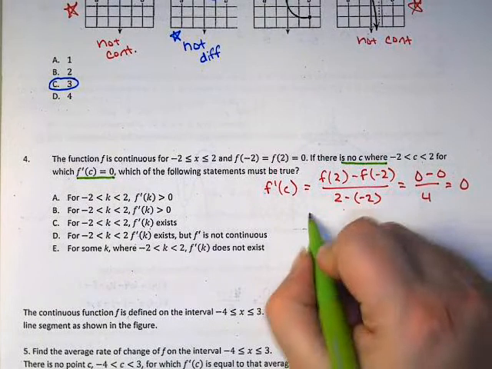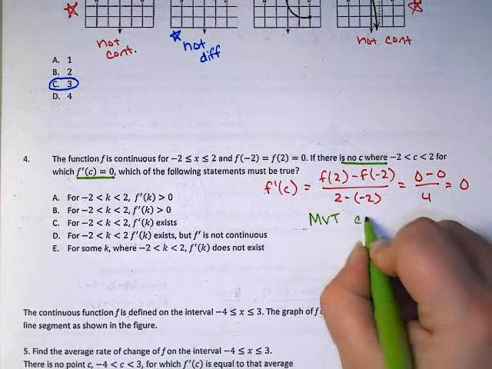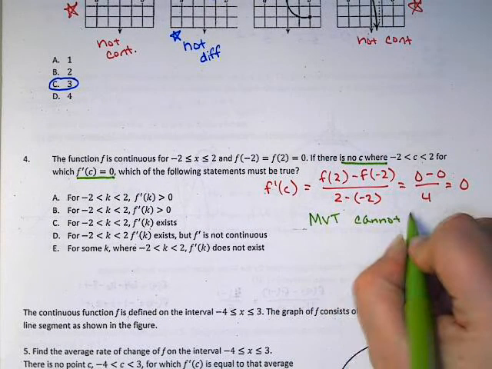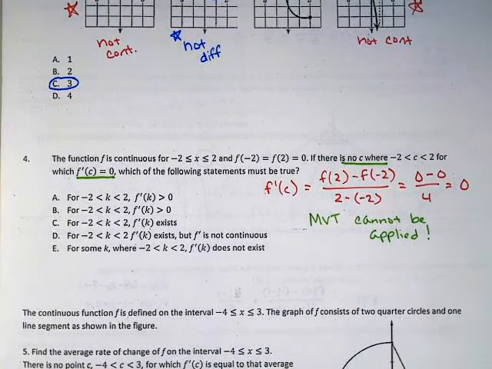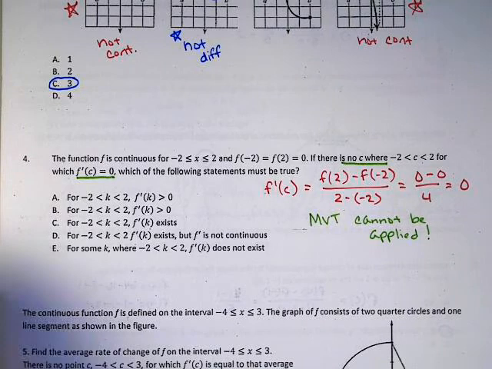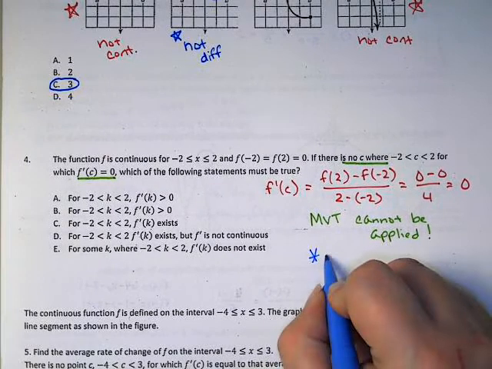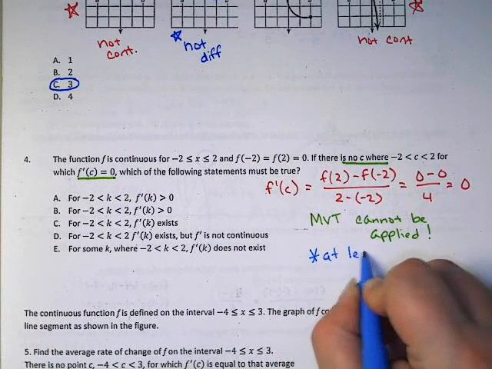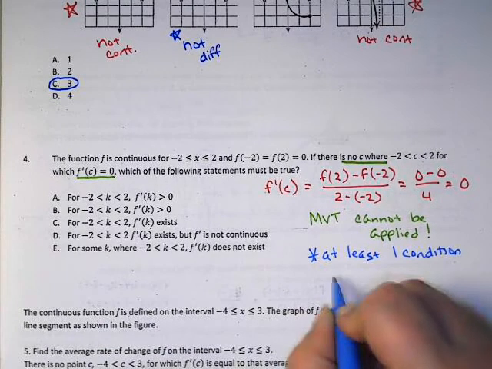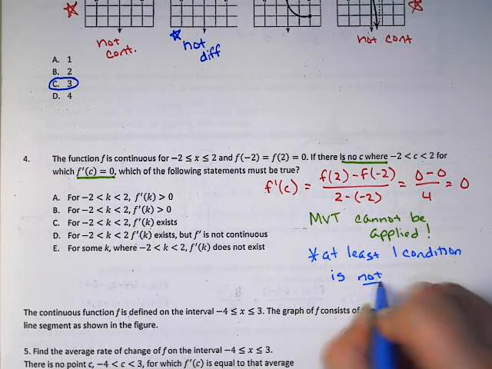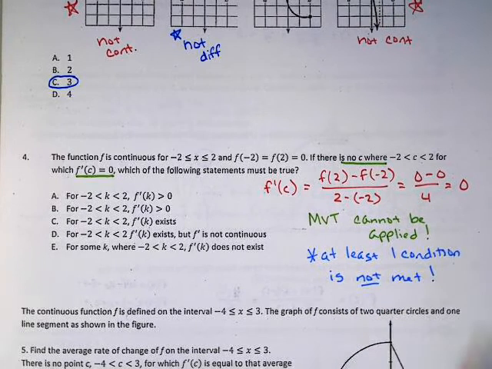That means the mean value theorem cannot be applied for some reason, which means one of the conditions must not have been met. So what we need to do is figure out which of these statements must be true.